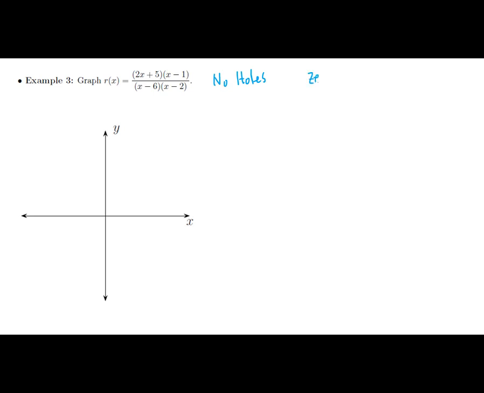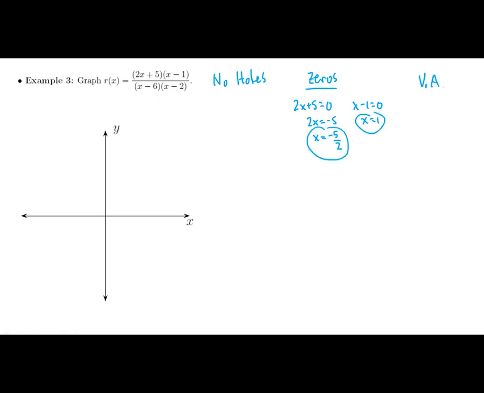But for my zeros, we've got 2x plus 5 equals 0. So 2x equals negative 5, and x is equal to negative 5 halves. And also x minus 1 equals 0, and x equals 1. So those are our zeros for the function.